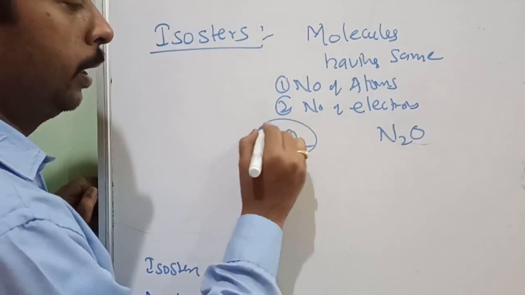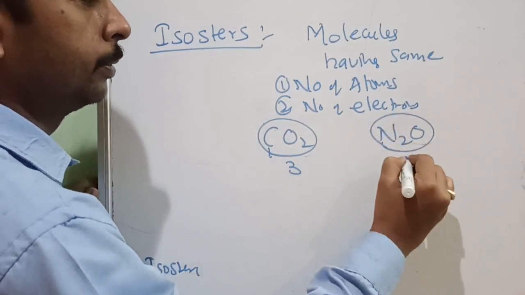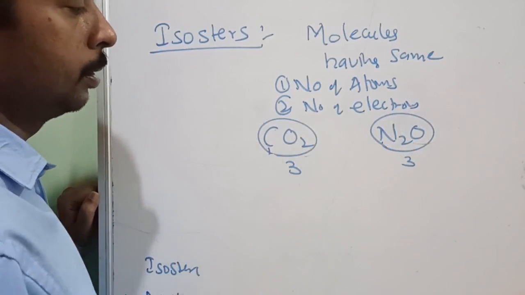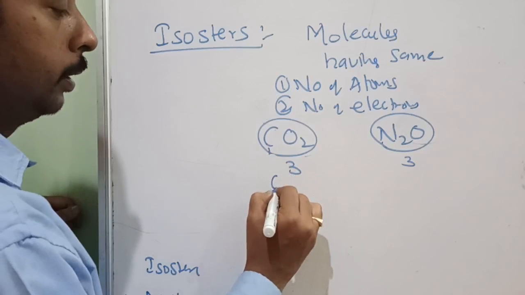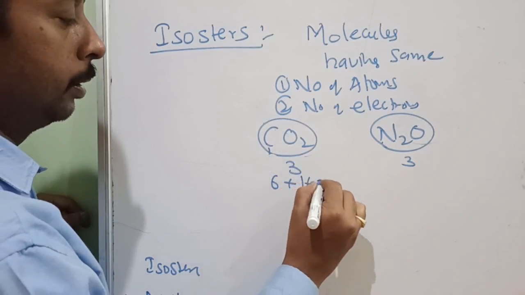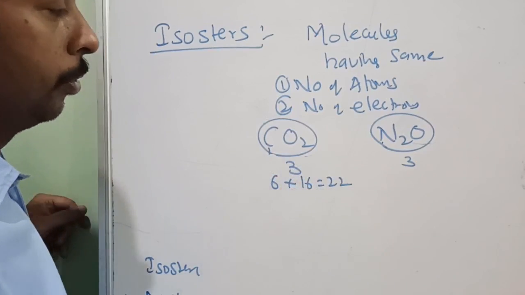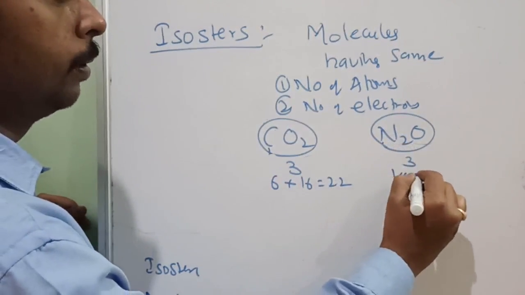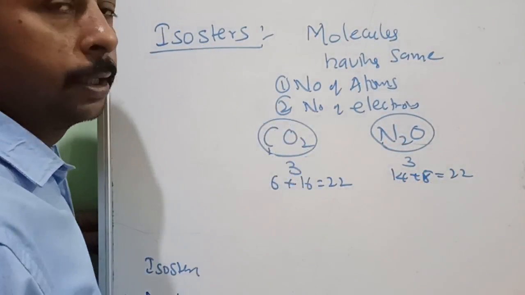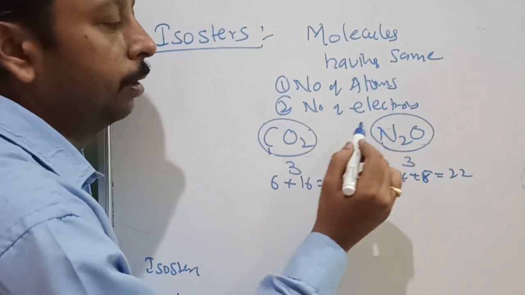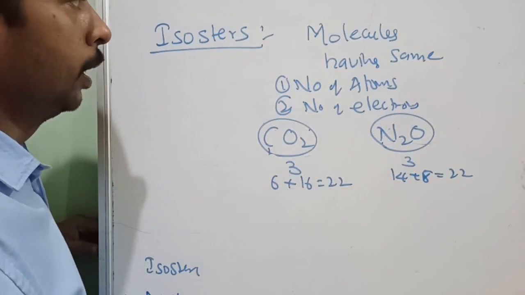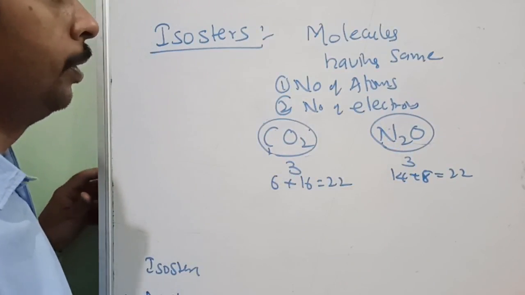So here how many atoms are there? 3 atoms. And in the other, 3 atoms. And how many electrons are there? 6 plus 16, it is equal to 22. And here 14 plus 8, again we get 22. So isosters are molecules having the same number of atoms and the same number of electrons. Up to here, is it understood?